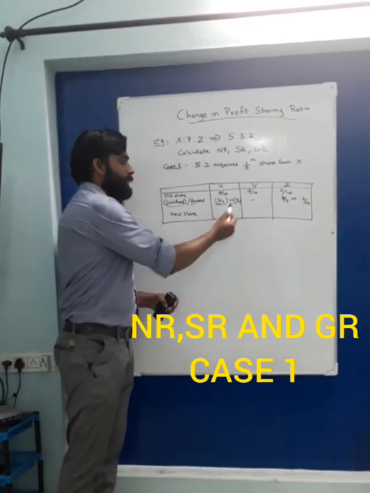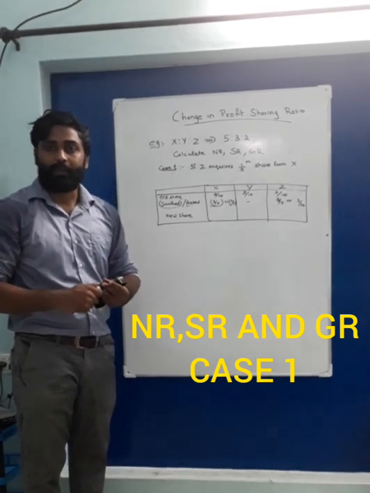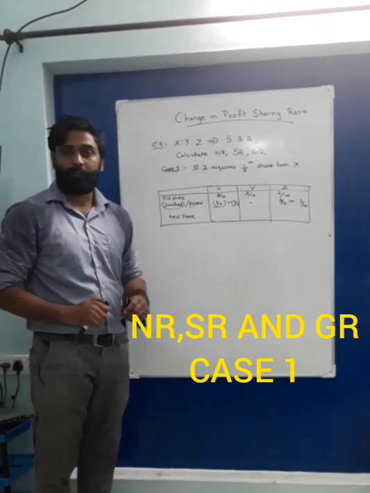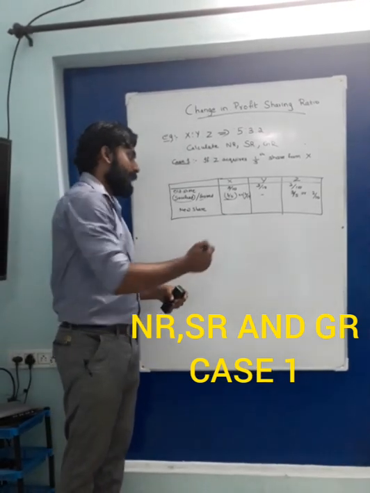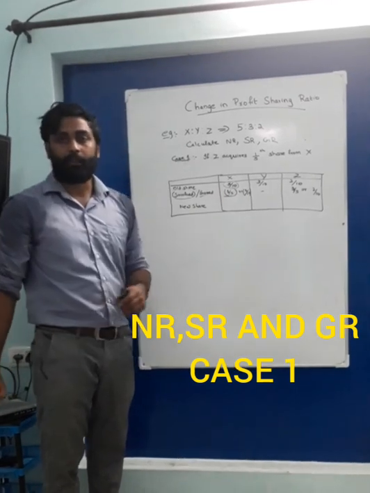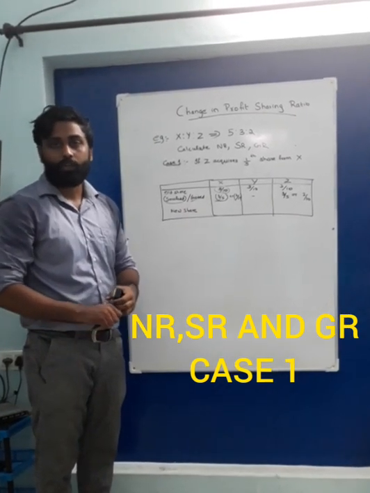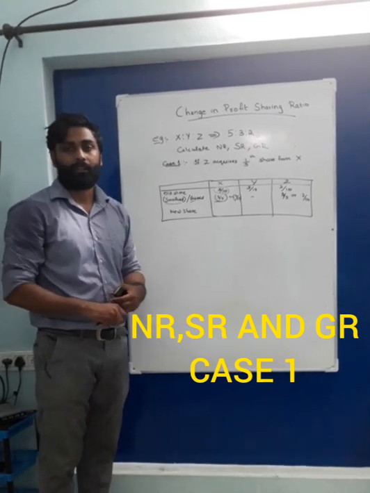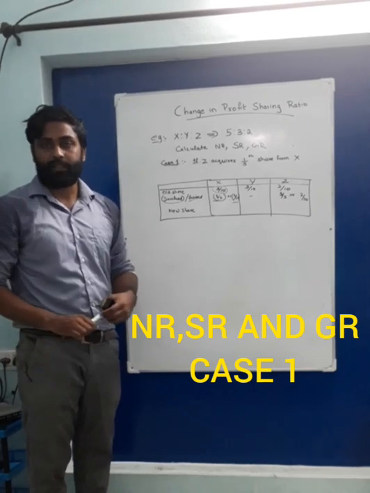Then X is sacrificing 1/5 of the share, so we write negative 1/5 in brackets, that is minus 1/5. To make the denominator the same as 10, we multiply the numerator and denominator by 2, so this becomes 2/10. So negative 2/10 because X is sacrificing.